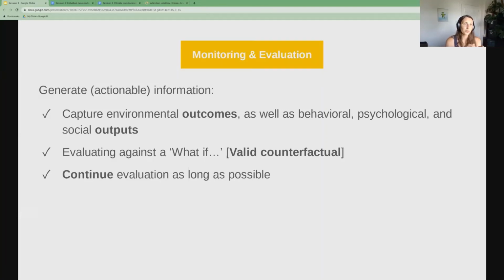We need to compare that with other similar areas, because it might be that it's a national trend. It might be that it's not actually our intervention that changed it, but it might be a general trend, general awareness that fires are bad for the air quality, and that you should really be composting your output. So comparing with a national trend or a group that hasn't had the intervention can be quite useful, because it will really tell you how effective your intervention was.